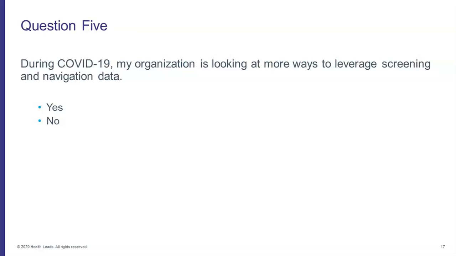This is a yes or no answer, especially during this time when we're seeing unprecedented numbers and an increase in resource needs right now. We're just wondering if your organization is collecting, not only just connecting that data, but leveraging that in different ways to help respond in this crisis.